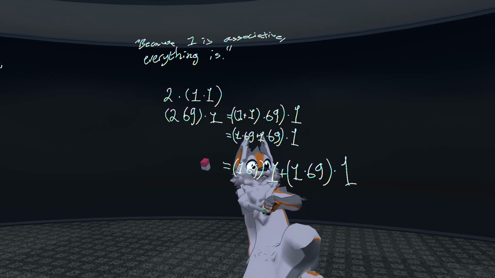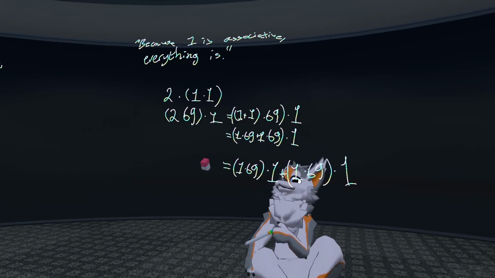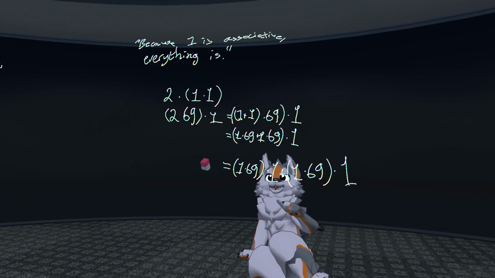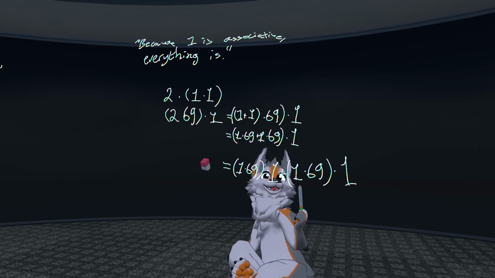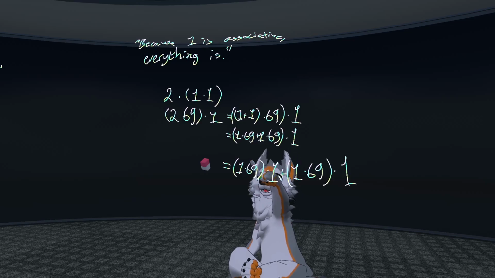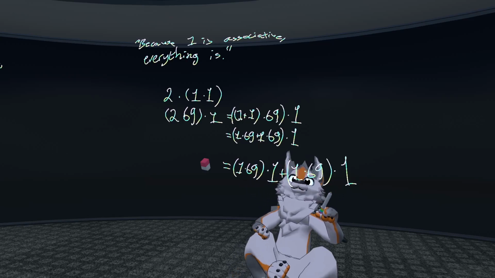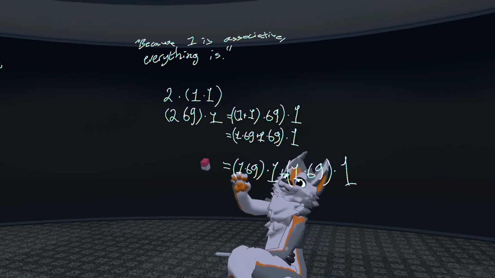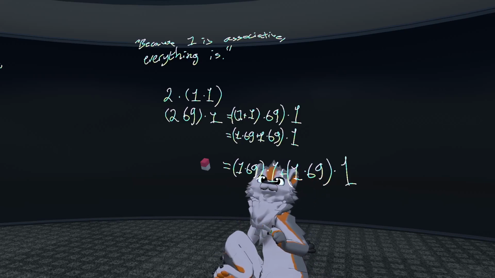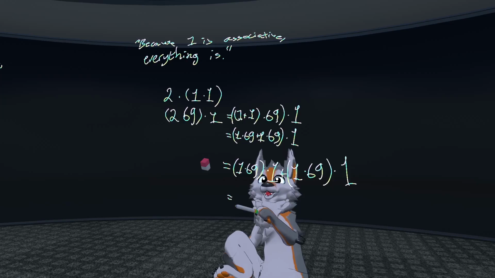Okay? Now, I guess we didn't show this in the beginning, but it's very clear that no matter what you have in the middle, if you have 1s on the sides, then doing 1 from the left first and then from the right, or the other way around, is going to be the same thing. So we can easily show that with anything in the middle, these two are associative, in the sense that we can take 69 from the right first and then from the left.